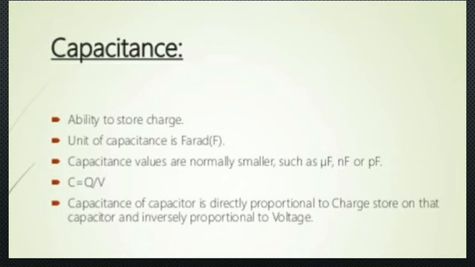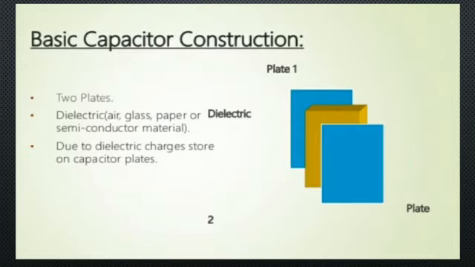The capacitance of a capacitor is directly proportional to the charge stored on it and inversely proportional to the voltage. That's why C is Q divided by V. Okay, students, and then the basic capacitor construction.